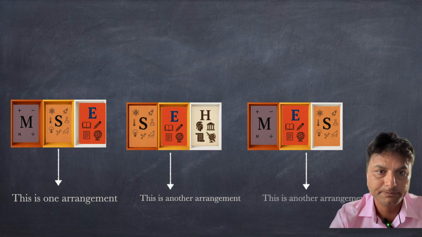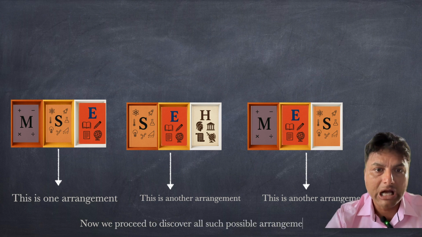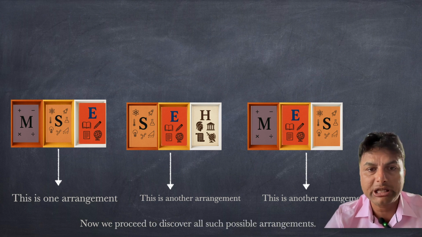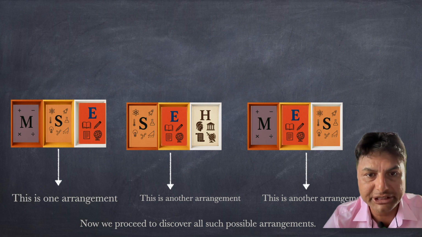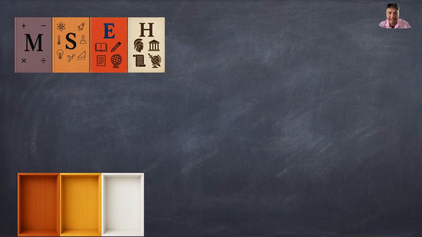It is a sample arrangement. Now we proceed to discover all such possible arrangements. Here are 3 possibilities we have shown. How many are possible there? We will actually understand that. We will be more clear on what we are trying to do.